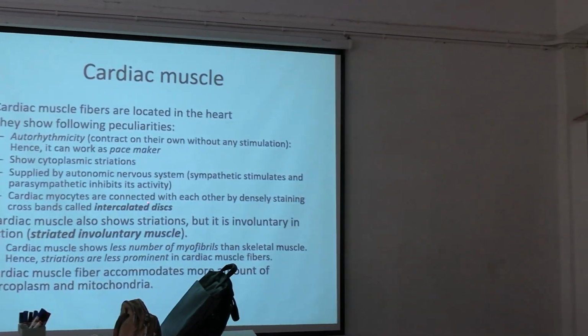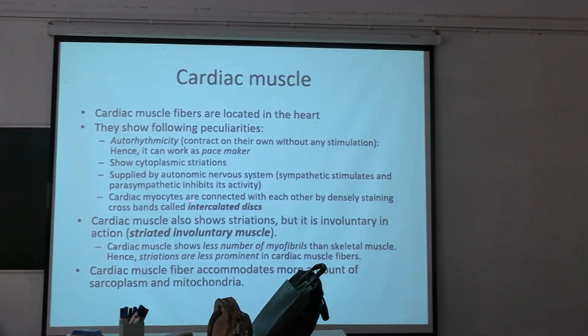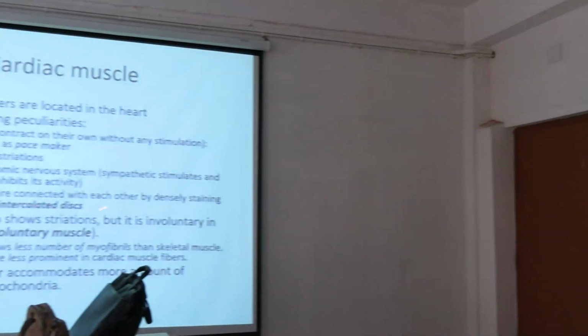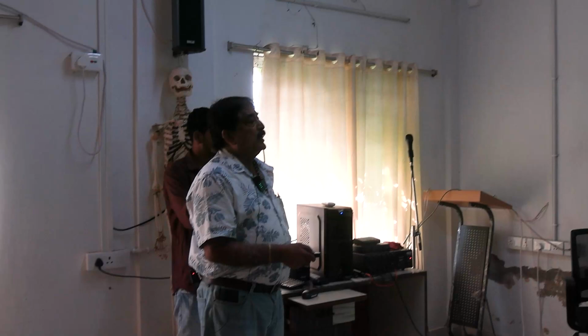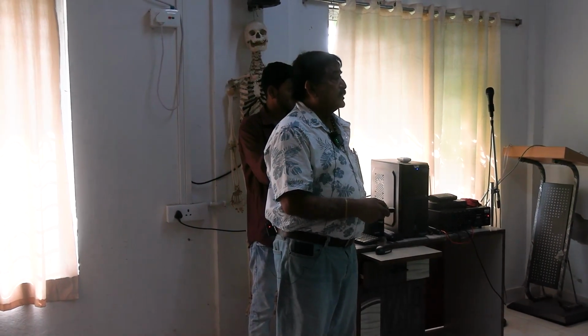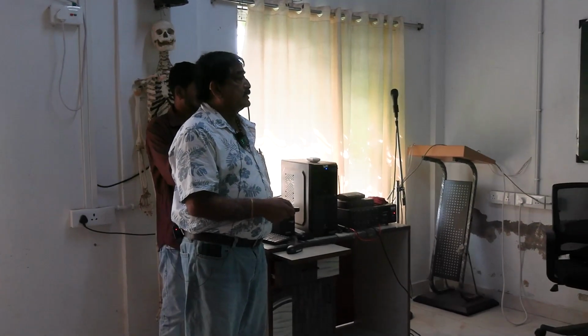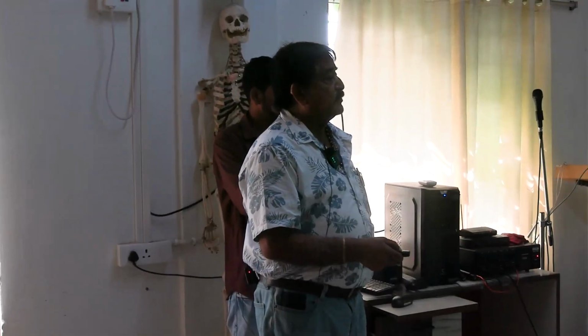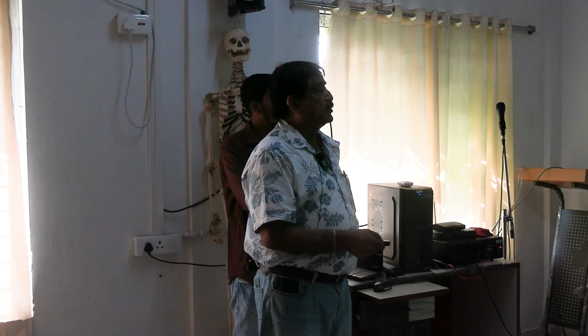Cardiac myocytes are connected to each other by densely staining cross bands called intercalated discs. This is the marking. Cardiac muscle also shows striations, but it is involuntary in action: striated involuntary muscle. Cardiac muscle shows fewer myofibrils than skeletal muscle, hence striations are less prominent. Cardiac muscle fibers accommodate more sarcoplasm and mitochondria.